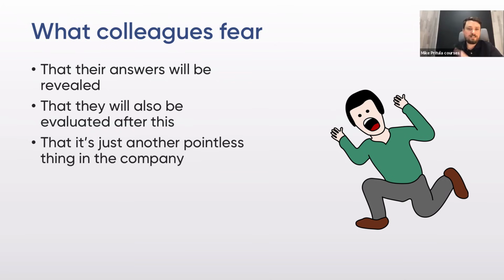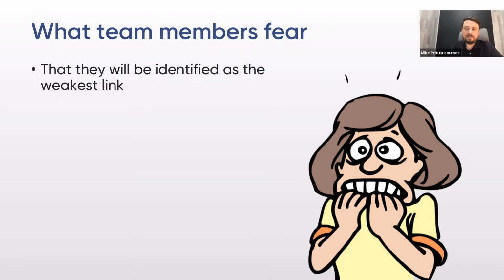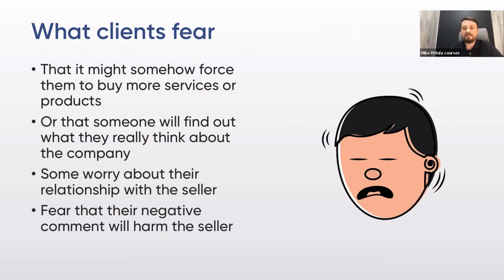What team members are afraid of. In this team evaluation, they're afraid of being identified as the weakest link. What clients are afraid of. If a company involves this aspect, like clients, and I said it's appropriate for sales department employees, for support department employees, they have concerns that if they evaluate now, the company will expect them to buy more from them, or that the company will find out that I actually think they're a bad company, but I'm only with them because there are no alternatives.